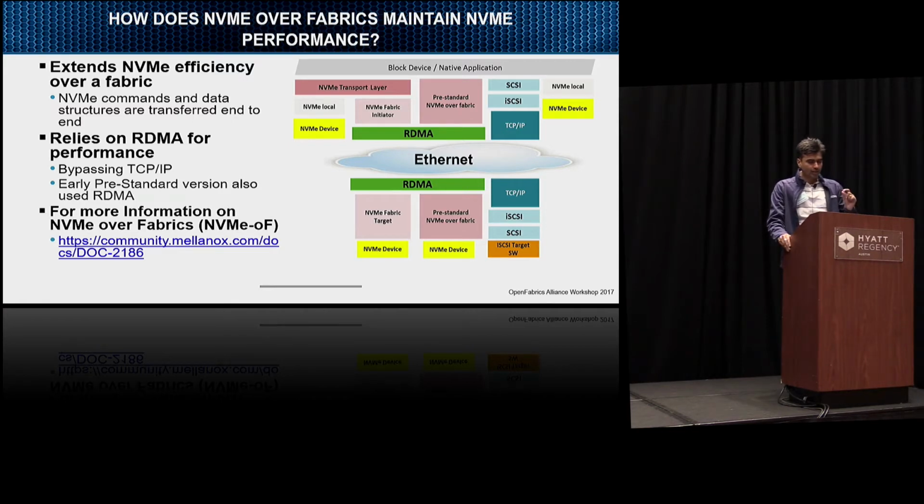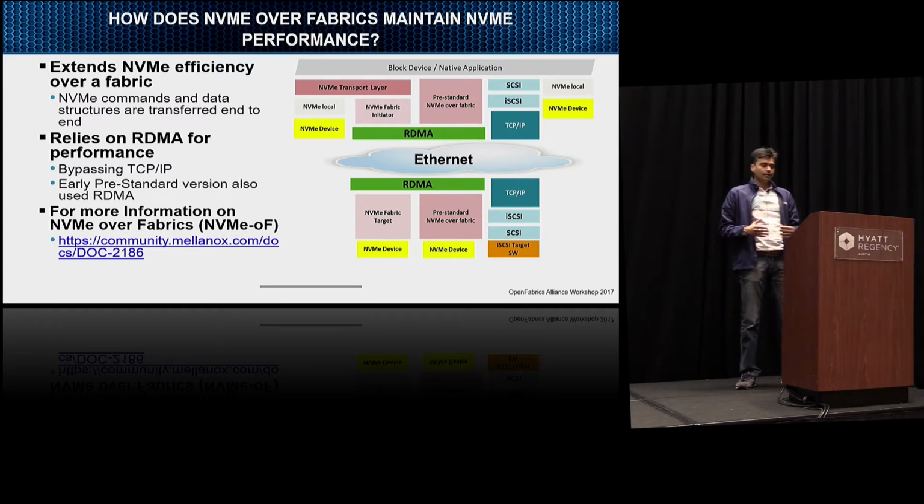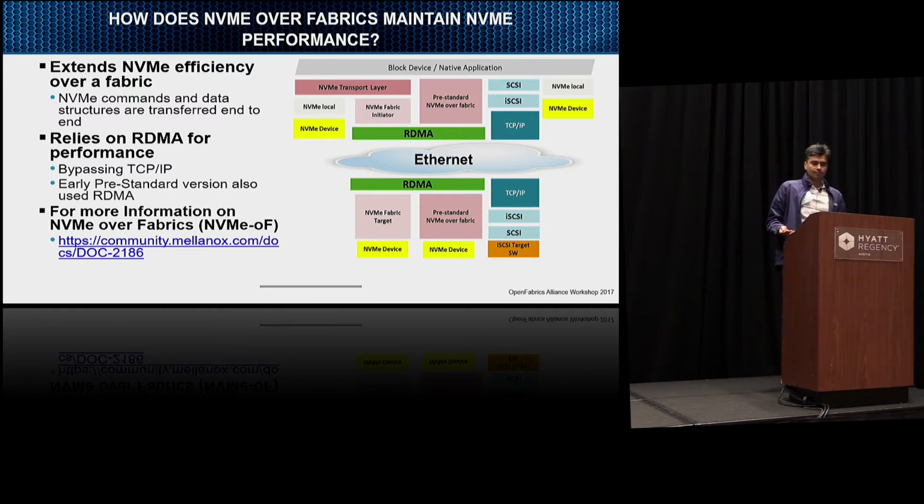So the RDMA stack right away fits; the NVMe stack fits right at the same level as where the iSCSI or the SCSI stack fits in. And that allows us to bypass and make use of the fast NVMe devices, cutting down quite a lot of layers in the software stack.